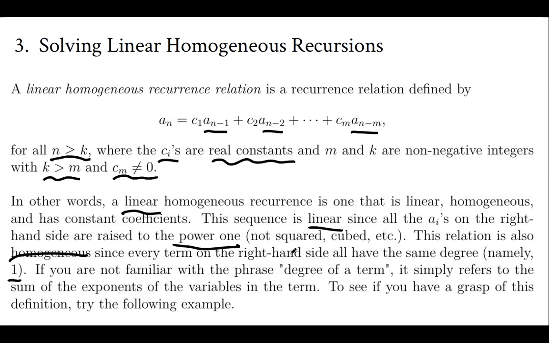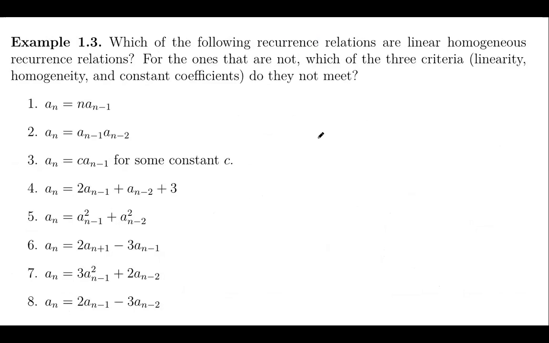But if they do not have the same degree, then it would not be homogeneous. And finally, constant coefficients means that the coefficients are all constant numbers. So let's check your understanding of what makes something linear, homogeneous, and constant coefficients.